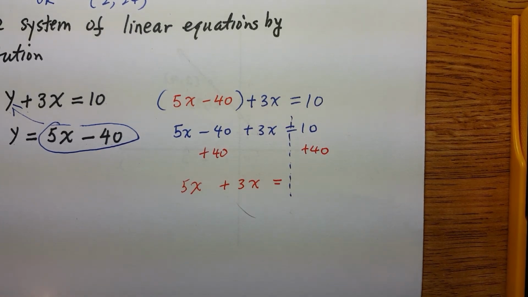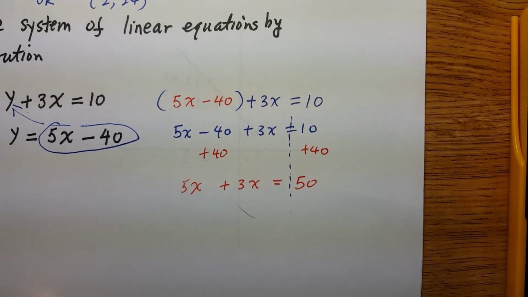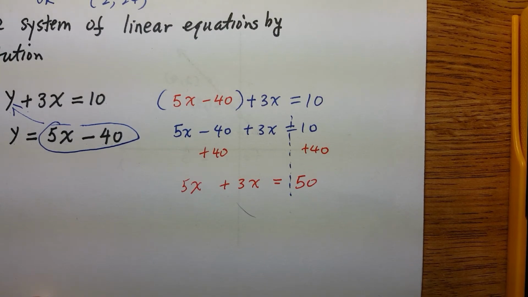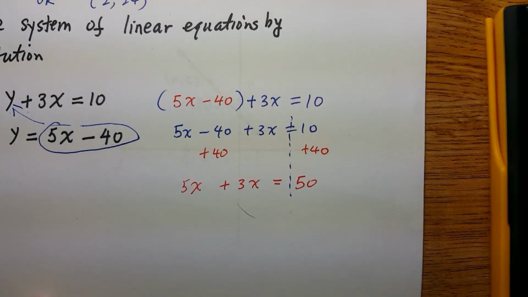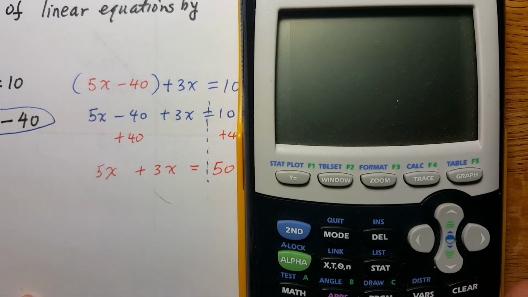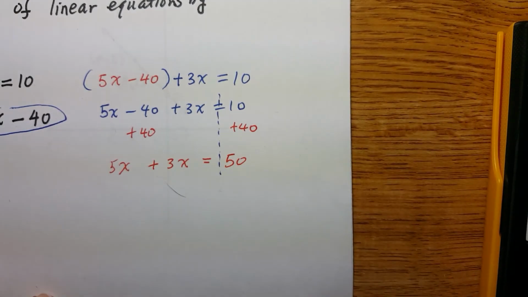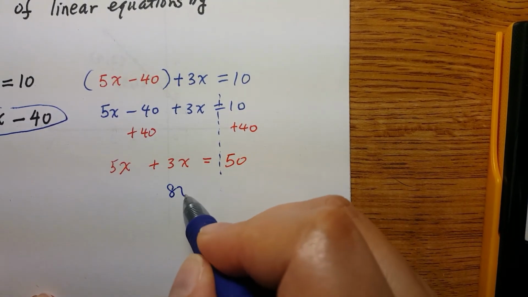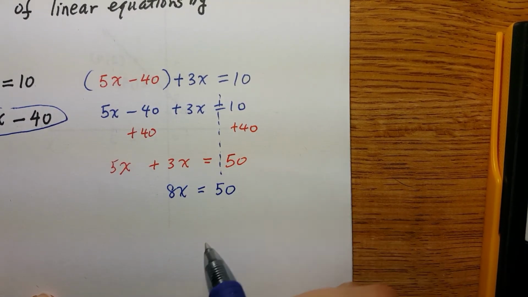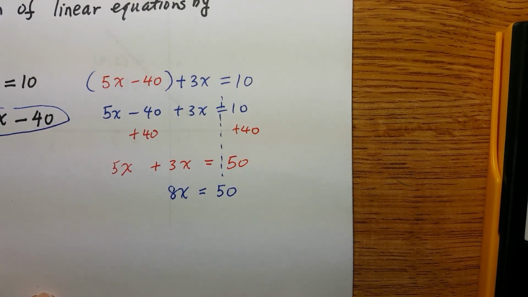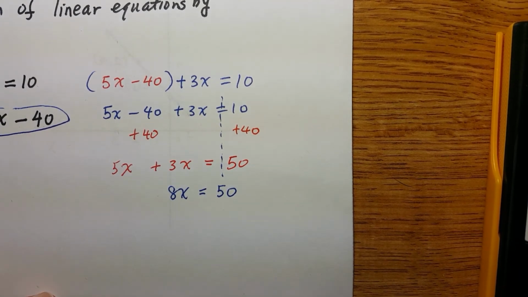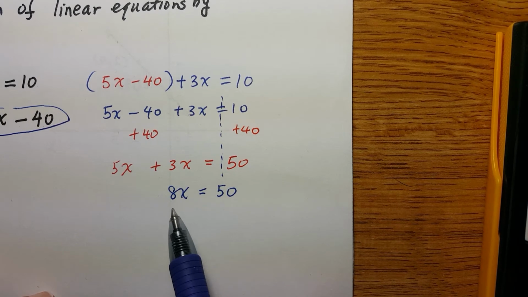So now I'm going to write 50. So 5x plus 3x. Now we can combine like terms. The terms have the coefficients 3 and 5, so 5 plus 3 equals 8. So it turned into 8x equals 50. Now we are going to use division.